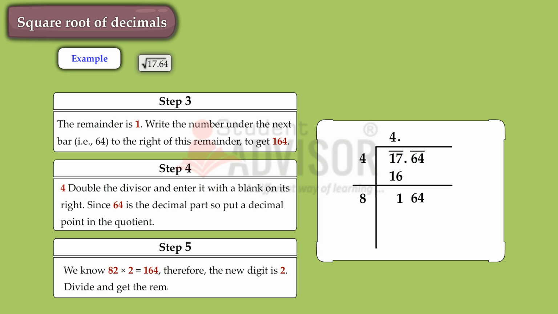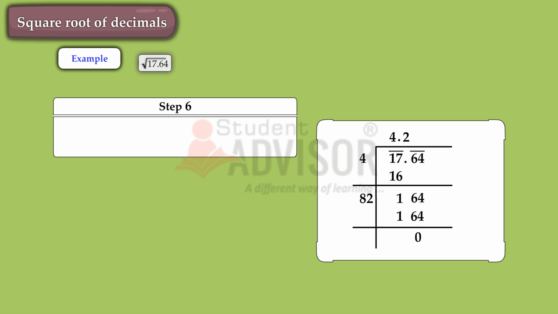Divide and get the remainder. Step 6. Since the remainder is 0 and no bar left, therefore square root of 17.64 equals 4.2.